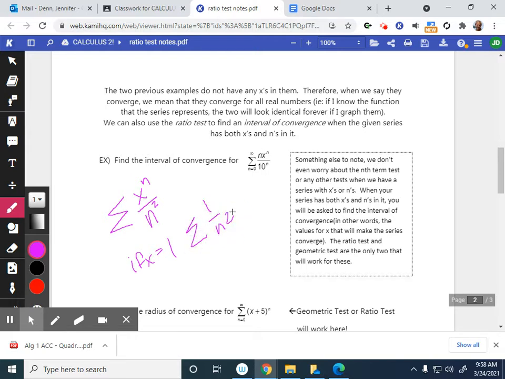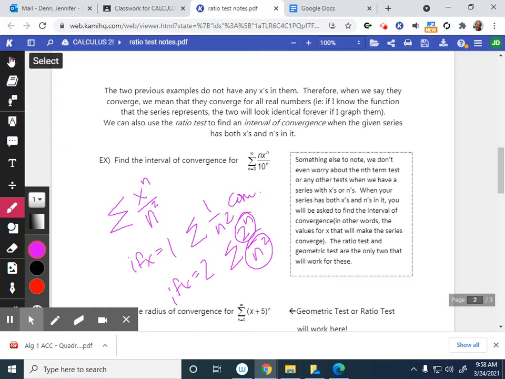Sorry, my phone is beeping. If x was 1, then we would have a converging series. But if x is 2, then I have the series 2 to the n over n squared, and that's going to diverge because the top is growing bigger than the bottom. So it depends on what x is, whether the series will converge or not.